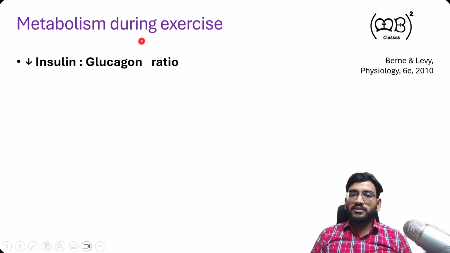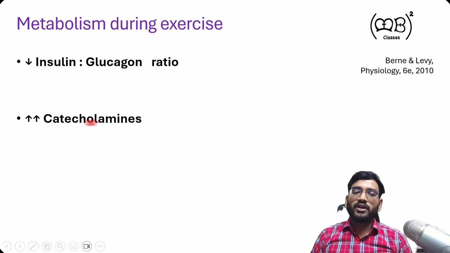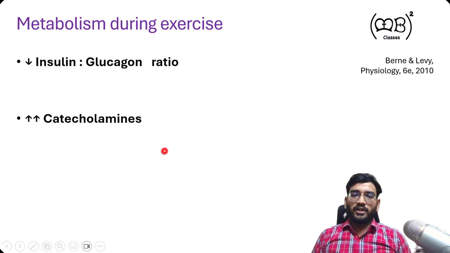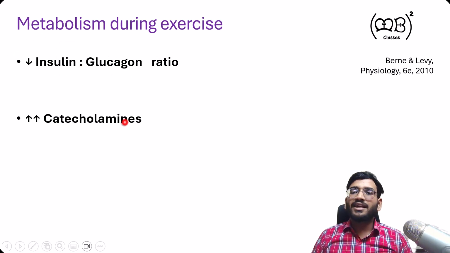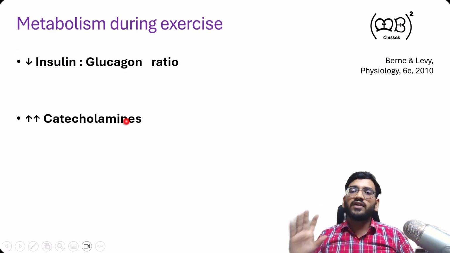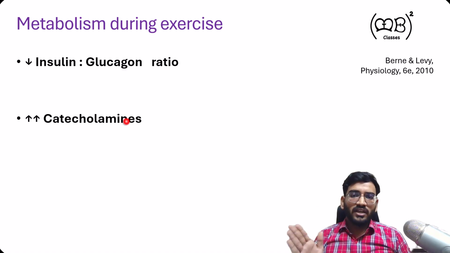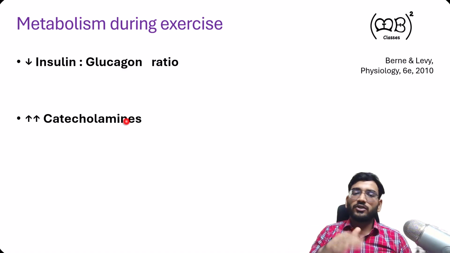So in exercising muscle, there is decreased insulin and increased glucagon, which is important, but what is much more important is the increased sympathetic load. During the fasting state, the glucagon-insulin ratio was similar to this, but the catecholamines were relatively lesser. Catecholamines increased, but they were relatively lesser than this.